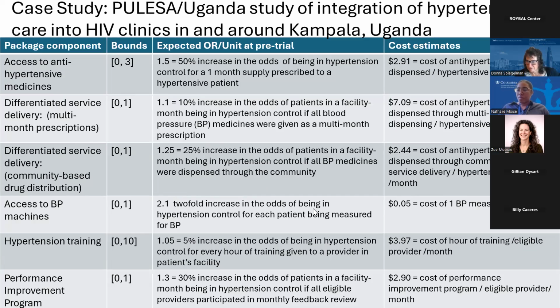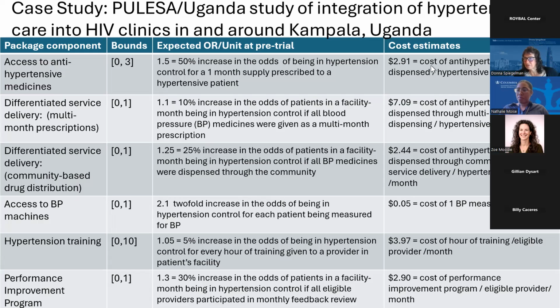They're already very, very good at HIV care, but they're out of practice with hypertension care. And then there's a performance improvement program that could involve monthly audit feedback reviews and problem solving and so forth.